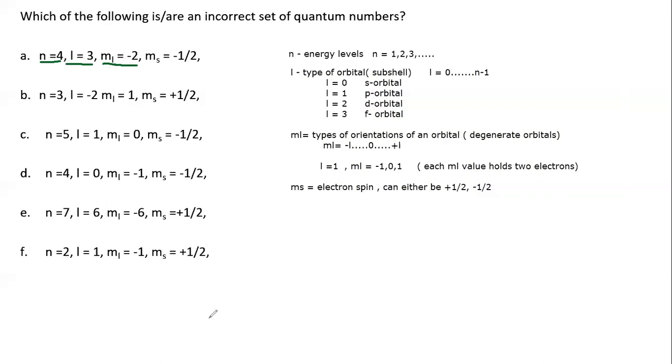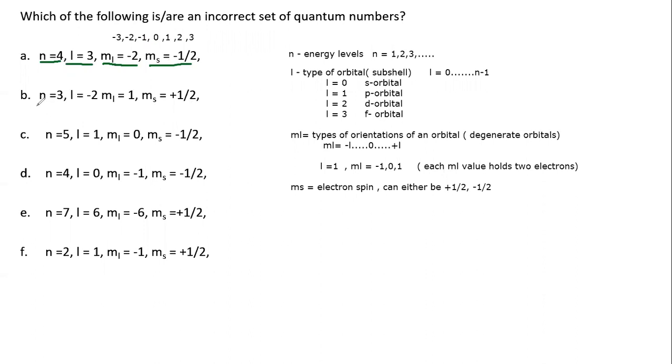The answer is yes, because if L is 3, M sub L can be negative 3, negative 2, negative 1, 0, 1, 2, and 3. And then can M sub S be minus a half? The answer is yes. So this is a valid set of quantum numbers.